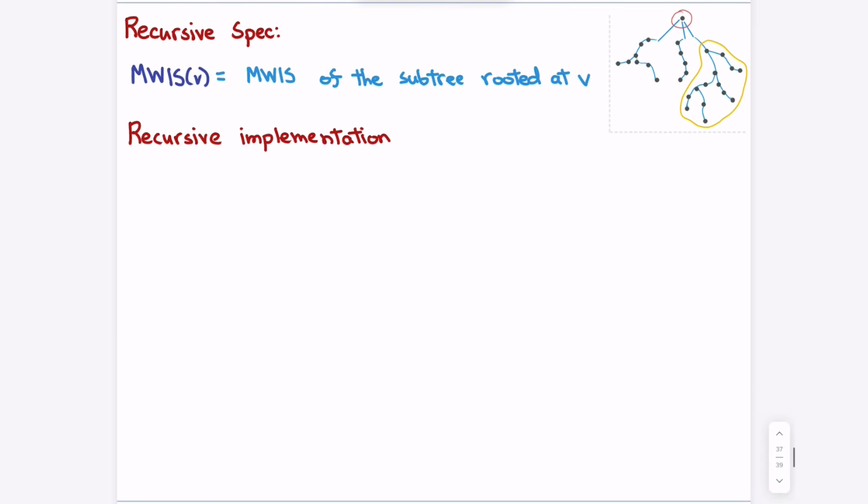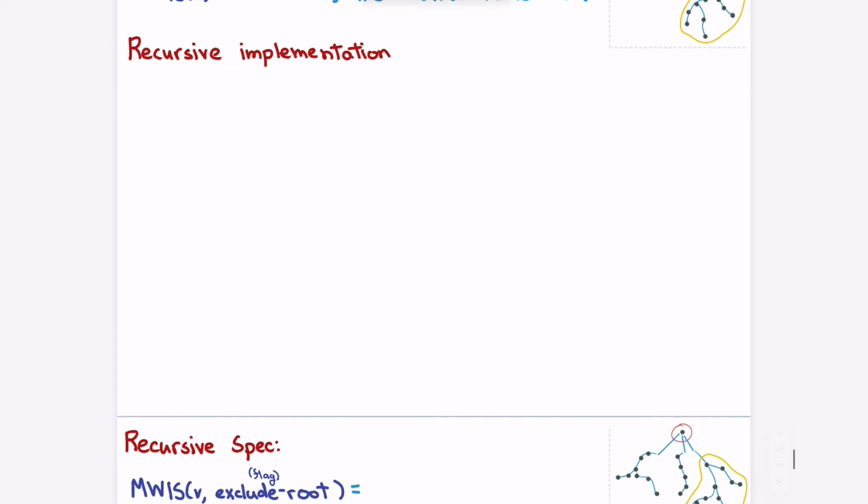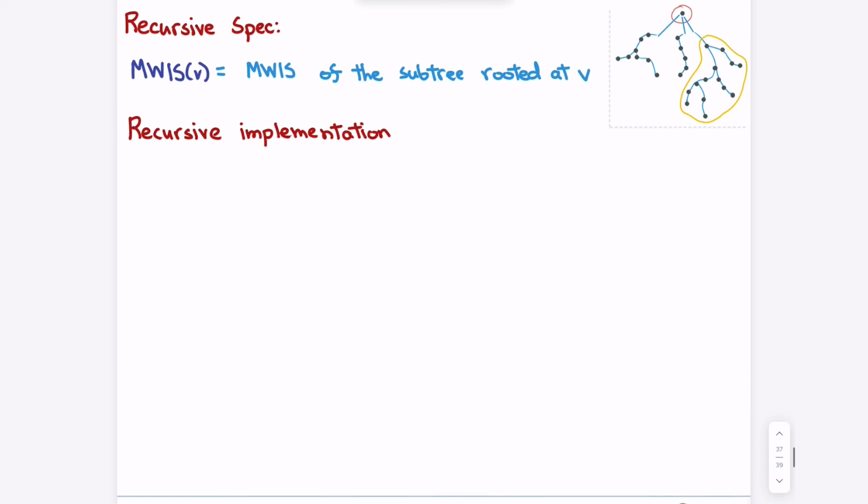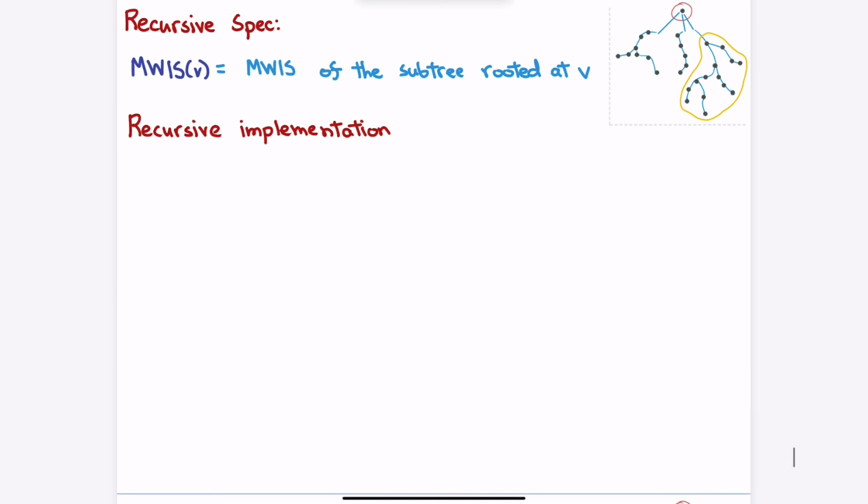All right, not much time, but you can do something like the maximum weight independent set at the tree rooted at V. Now, if you try to implement this, what you're going to find is something like this, right?